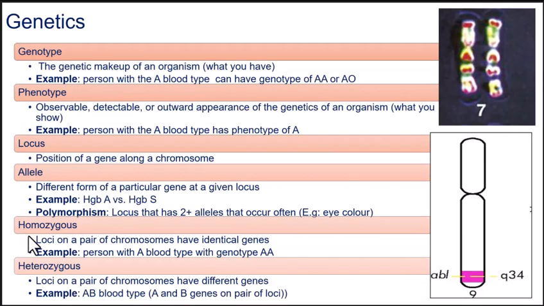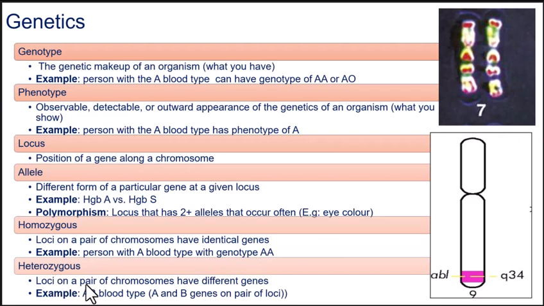And then going back to talking about homozygous and heterozygous, homozygous referring to the same, a person with type A blood is going to have a genotype of AA, so inheriting A from the mother, inheriting A from the father. And that's because we're talking about a situation where it's homozygous, identical genes.